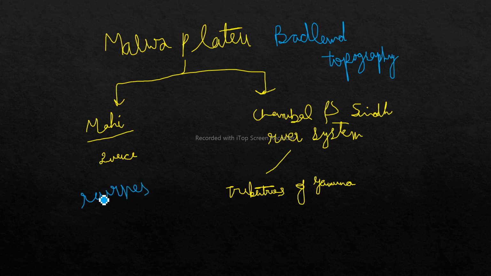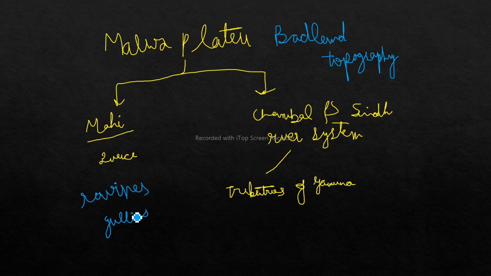Sorry for the writing, digitally it is difficult to write without a pen. So ravines and gullies constitute the badland topography.